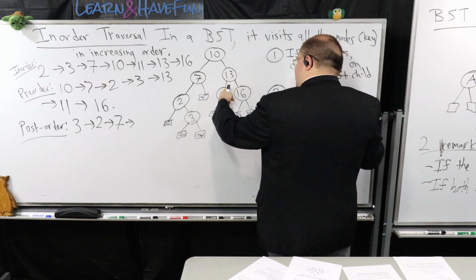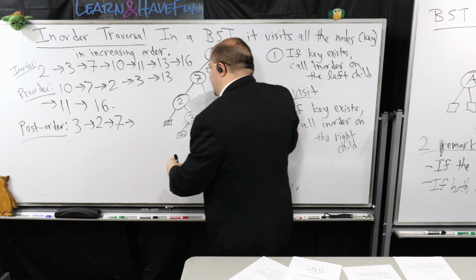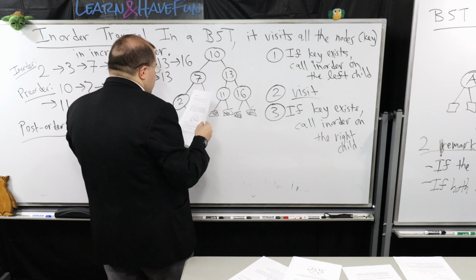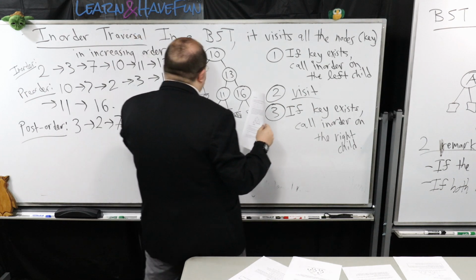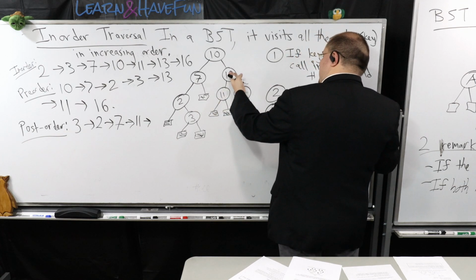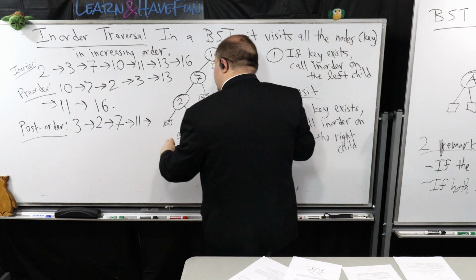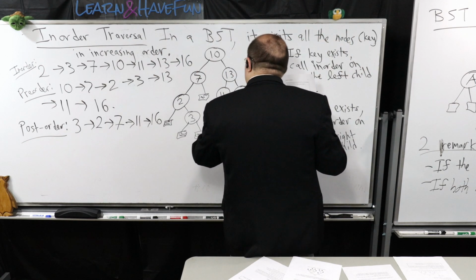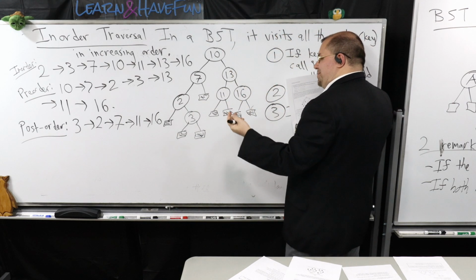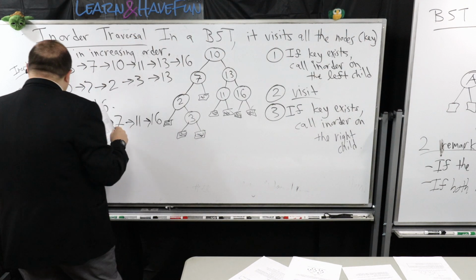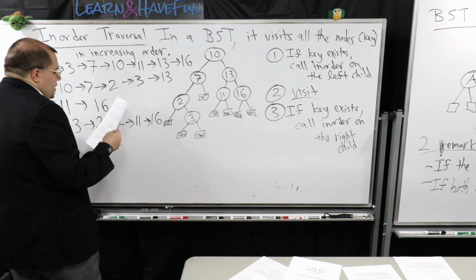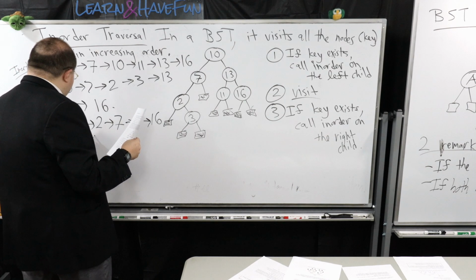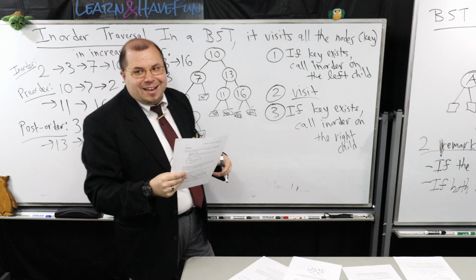I'm going to now examine 11. And now I have nothing else here, so I'm going to go to my next child for 13, which is 16. And then, of course, you have 13 because I've examined my children. And, of course, now I've examined all my children from the root, and I get 10.